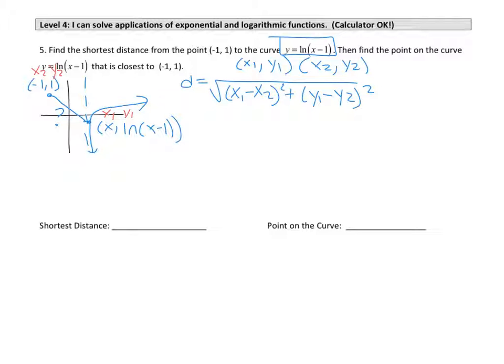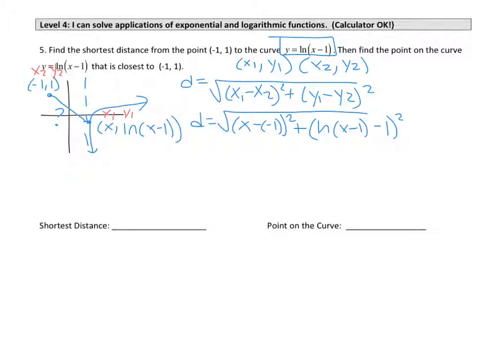And now I plug that into the distance formula, and I get the square root of x minus negative 1. You can change that to x plus 1 if you want, quantity squared, plus my y1 is natural log of x minus 1, and then minus 1, quantity squared.